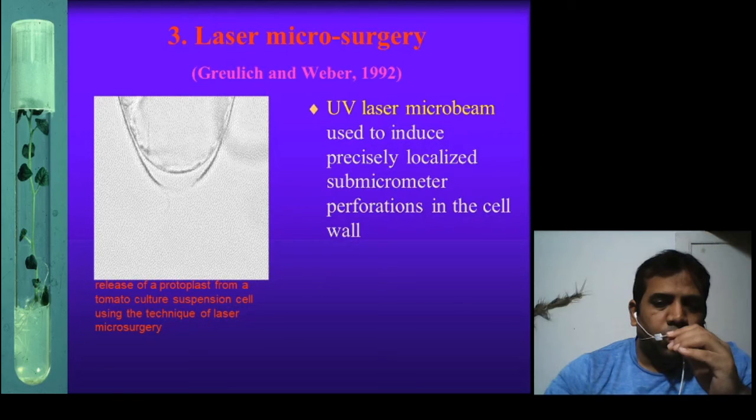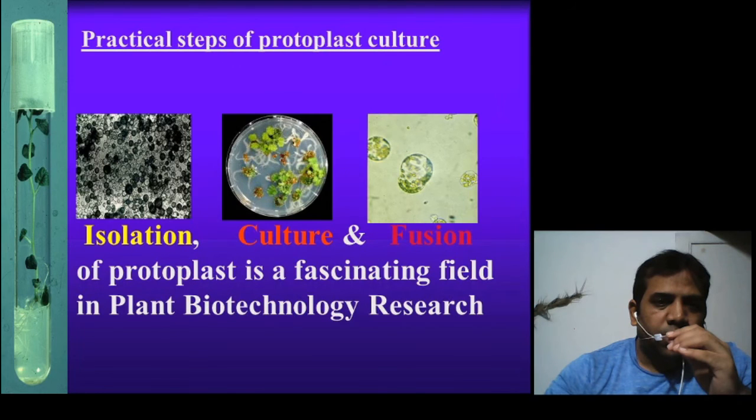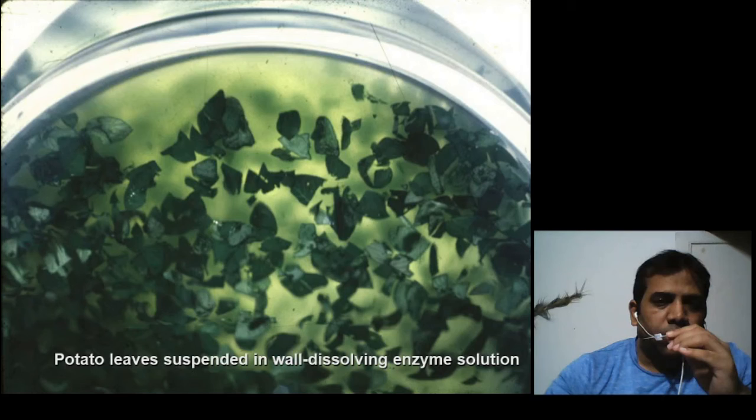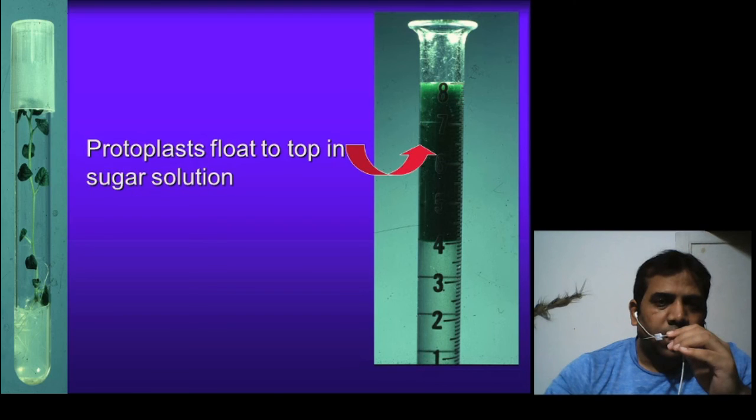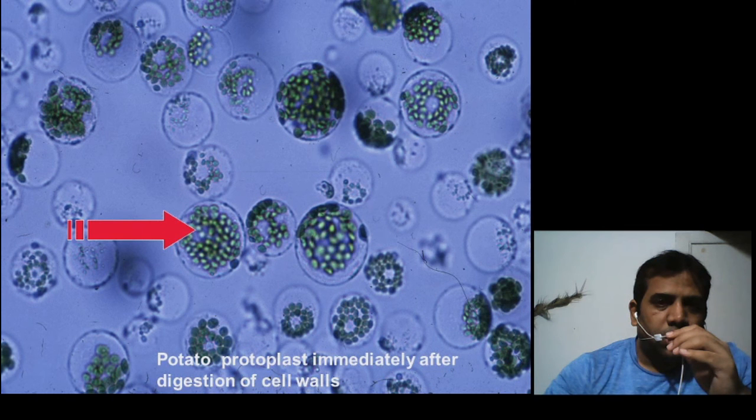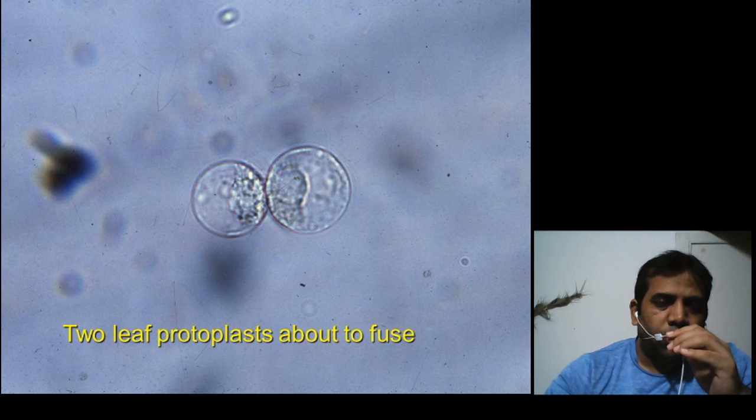Basically, protoplast culture includes isolation, culture and fusion. You will find how the enzymatic method is used. The leaf tissue is subjected to enzymes. Later, the protoplast is floated on the sugar solution. Here you will find green colored bodies in the protoplast. These are nothing but chloroplasts, and you can see the yield, the amount of chloroplast generated.